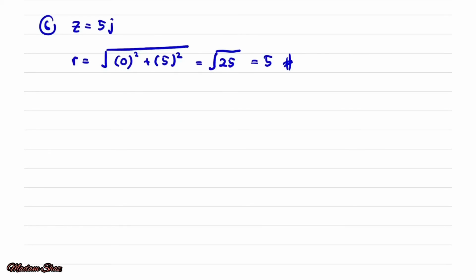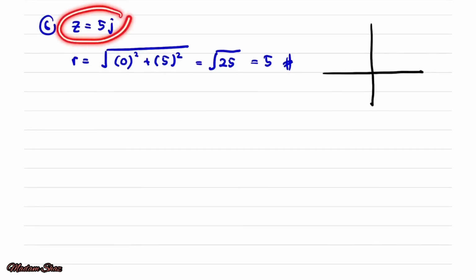So next, in order to find the value for the theta, we need to sketch the complex number. We have z equal to 5j. So 5j is at the y-axis. So this is our complex number. So real theta moves from the positive x-axis until the complex number. So that's why our real theta is equal to 90 degrees.